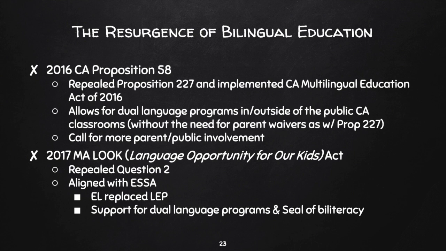With Proposition 58, California's having a lot of issues rebuilding their bilingual education programs, because Proposition 227 basically killed bilingual education in the state. Not only did it kill it at the K-12 public education level, but also in higher education. If bilingual education was not allowed in California, you saw programs in higher education start to die as well.